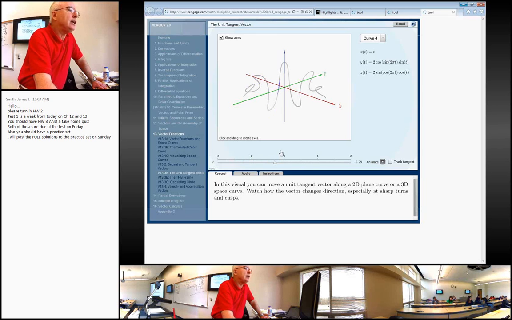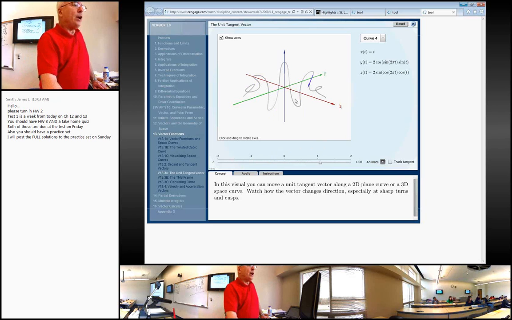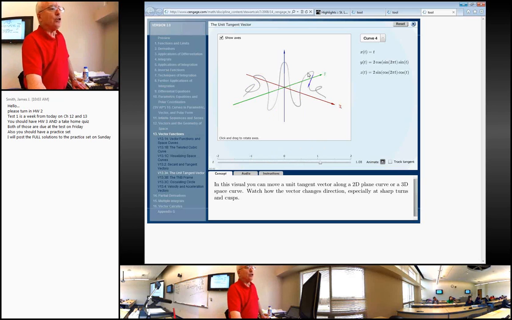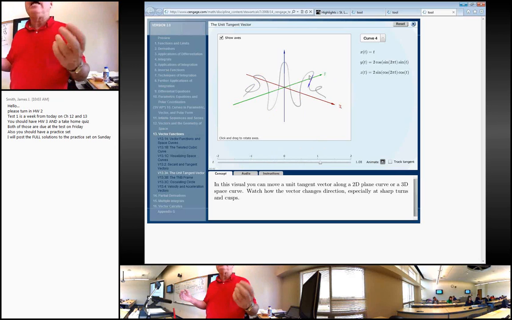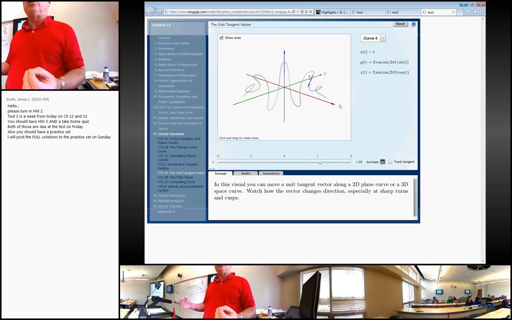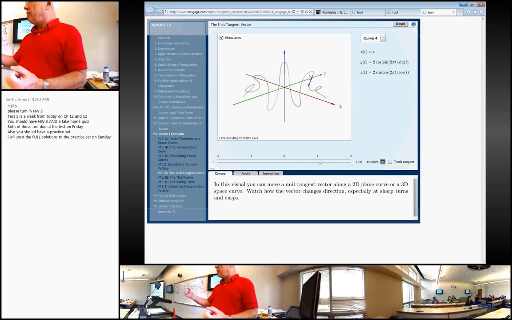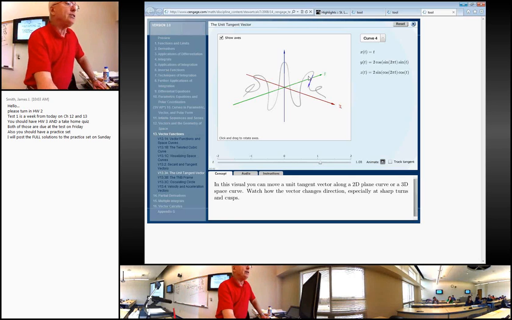In these areas where the curve changes, that's where you would consider that it has more curvature, because it's curving. In those areas where it has more curvature, notice that the tangent vector is flipping direction a lot. Right here, we've got a lot of curvature.